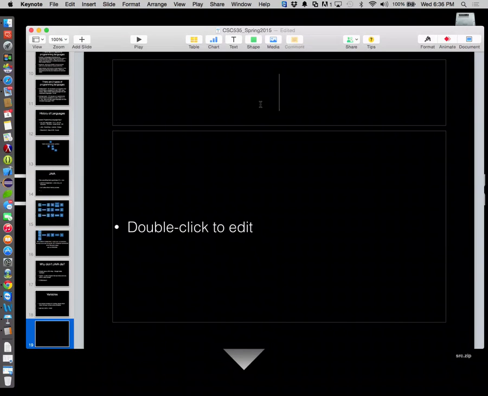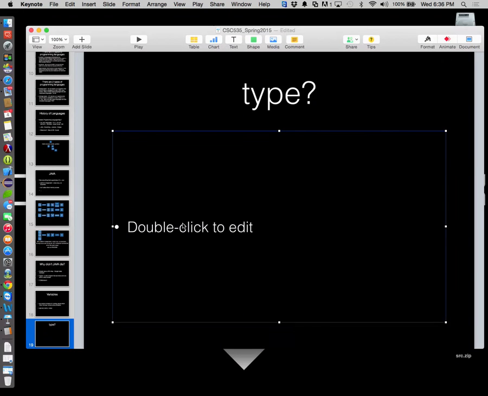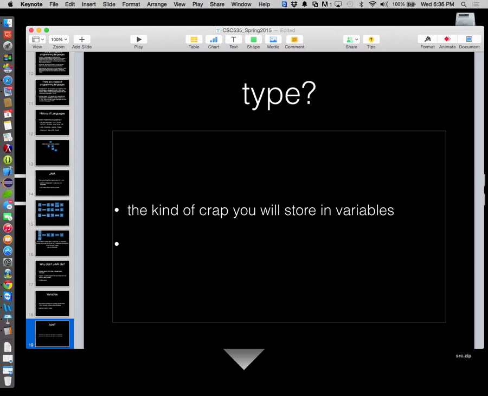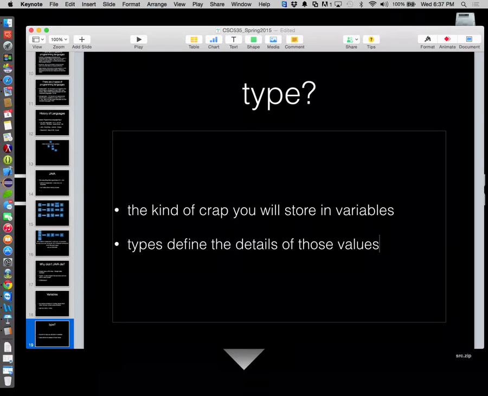Now, what's a type? Types are the kind of stuff you will store in variables. Types define the details of those values. So for instance, a shoe is a real-world example of a type.